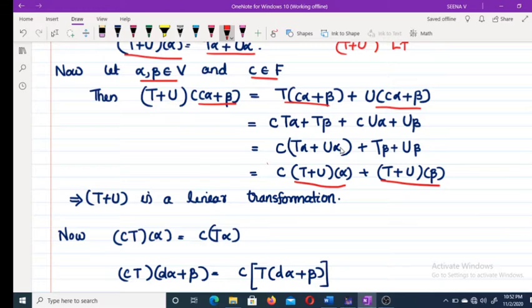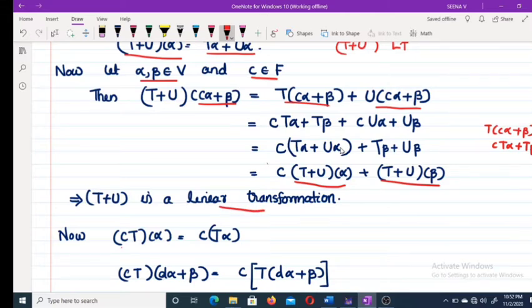Thus we get (T plus U) of (c alpha plus beta) equal to c times (T plus U) of alpha plus (T plus U) of beta. Therefore T plus U is a linear transformation.